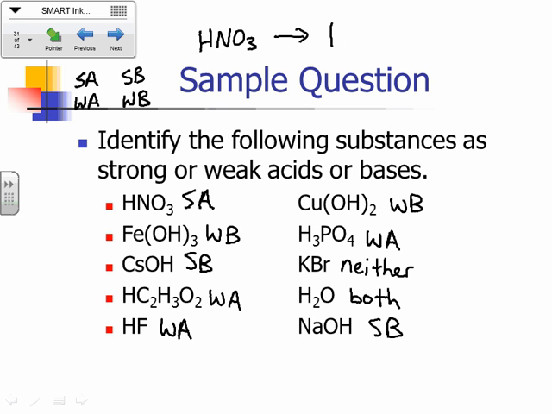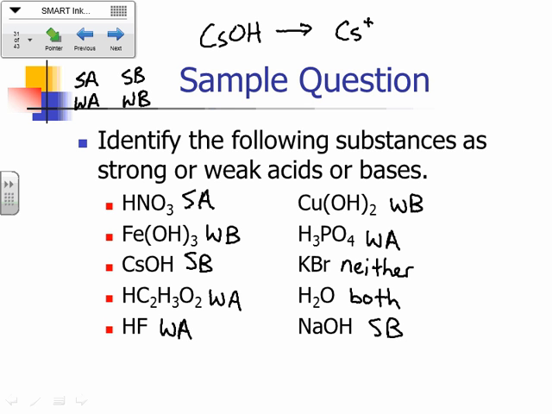Let's pick a strong base on this list. CsOH, okay. That's going to dissociate into Cs+. Now, how do I know Cs is just a 1+? Yeah, two ways, right?